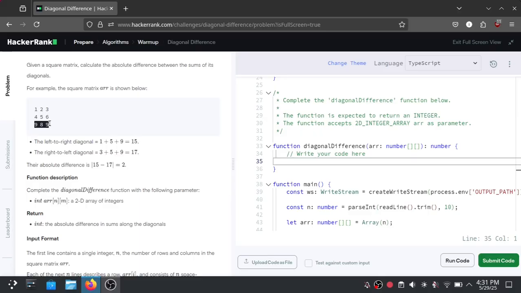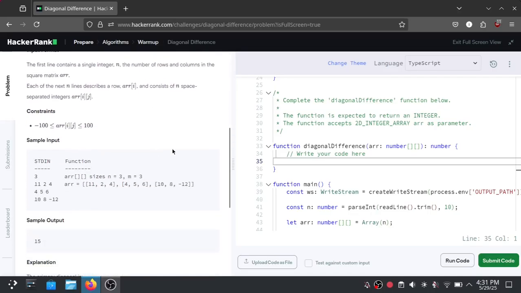And then for the J, we are iterating the number 1, which is J equals 0, and then J equals 1 is 2, and then J equals 2 is 3. And then going forward. So without further ado, let's solve this one.